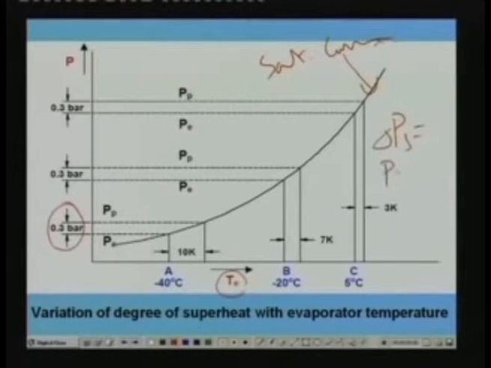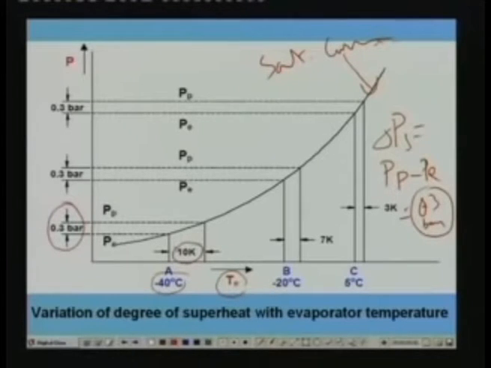This is equal to PP minus PE. Let us say that I have set it as 0.3 bar. I have fixed this at 0.3 bar, and when the evaporator temperature is minus 40 degrees centigrade, then you will find that for this 0.3 bar pressure difference, you get a degree of superheating of 10 Kelvin.